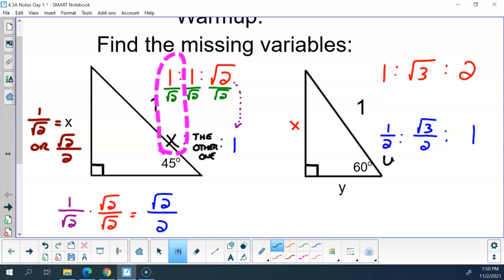Y here is the short one, so Y then would be 1/2, and X would be the square root of 3 over 2. Questions, comments, concerns, clarification? We'll come back to that in a minute.